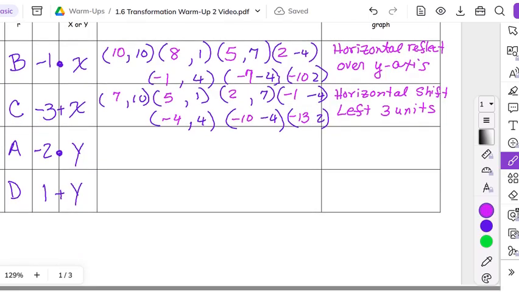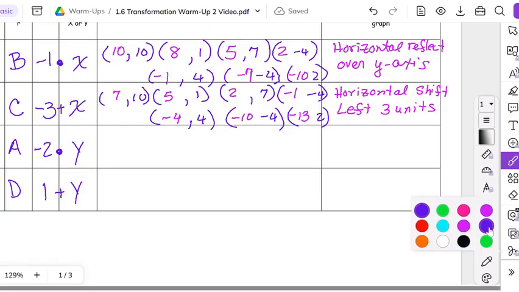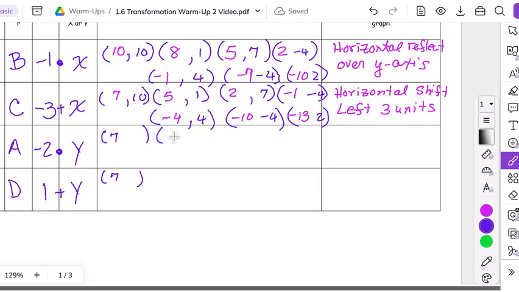And then the next one, what we're going to do is going to be pretty much the same, but this time, now we're done with the x values. So the x values will not change. It's only going to be the y values that are changing. So now we have these values.